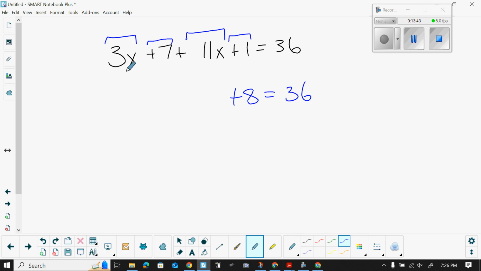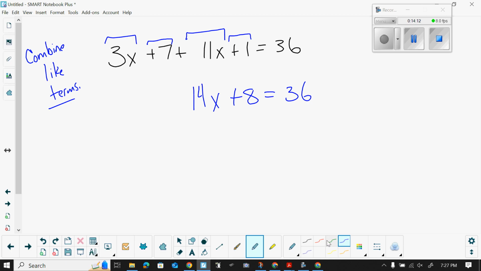That's what we would want to do. 3x and an 11x put together makes 14x. You wouldn't keep these terms separate. When you have multiple terms that are alike, we call this combine like terms. It's a very important step that you cannot skip.